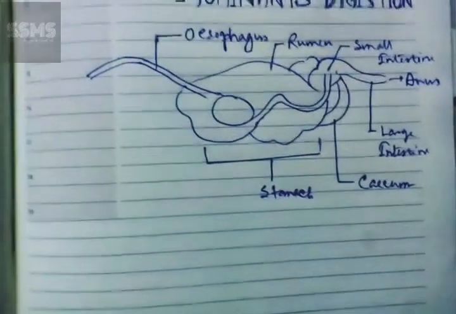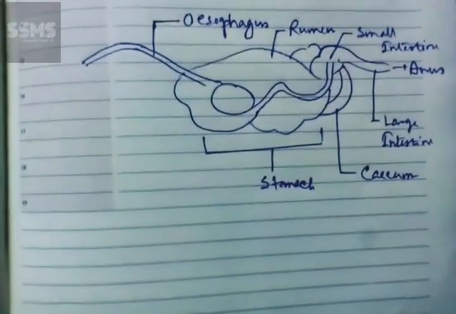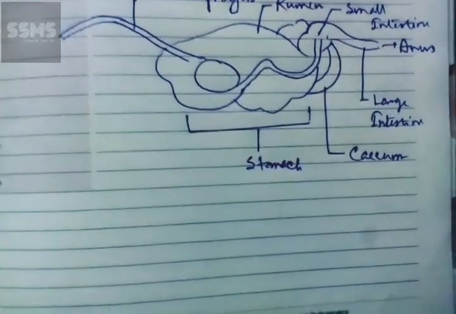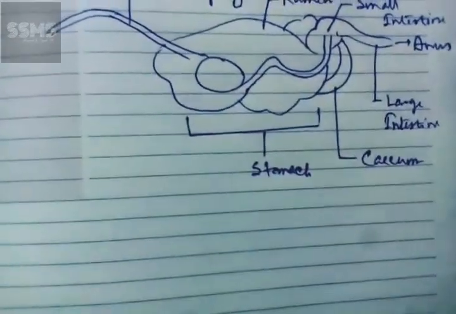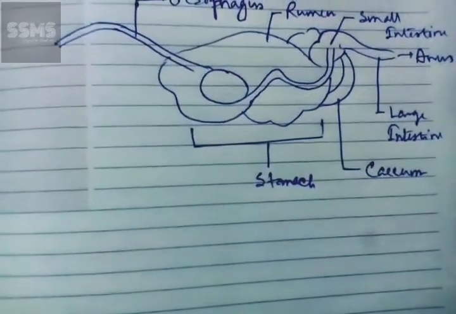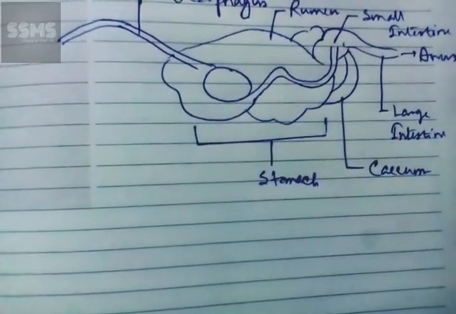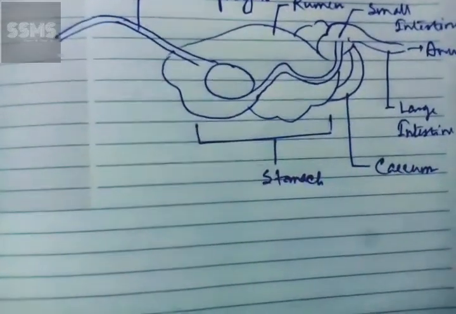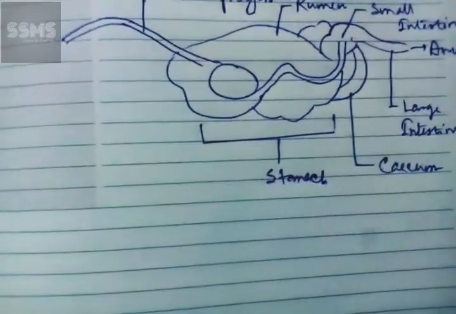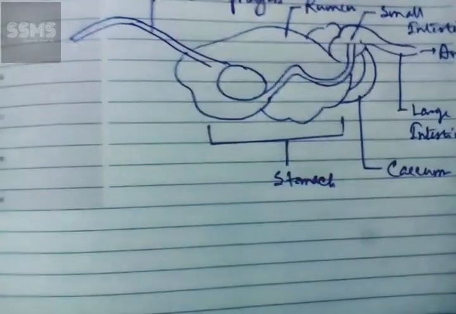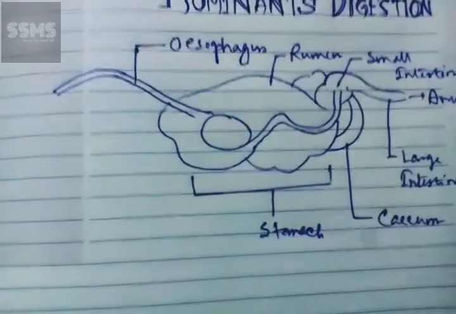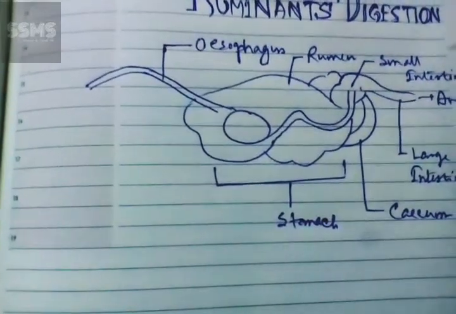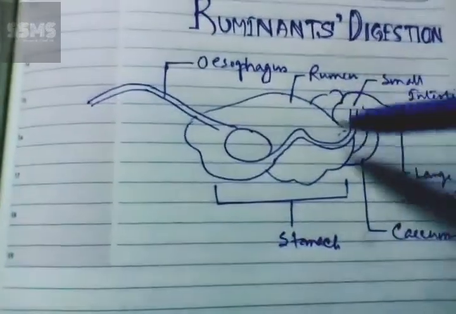The process of chewing the undigested semi-solid food brought from the stomach to the mouth is known as rumination, and the animals that follow this process are known as ruminants. Got it? So by taking the example of the digestive system of a cow, we can easily discuss the ruminant digestion process.